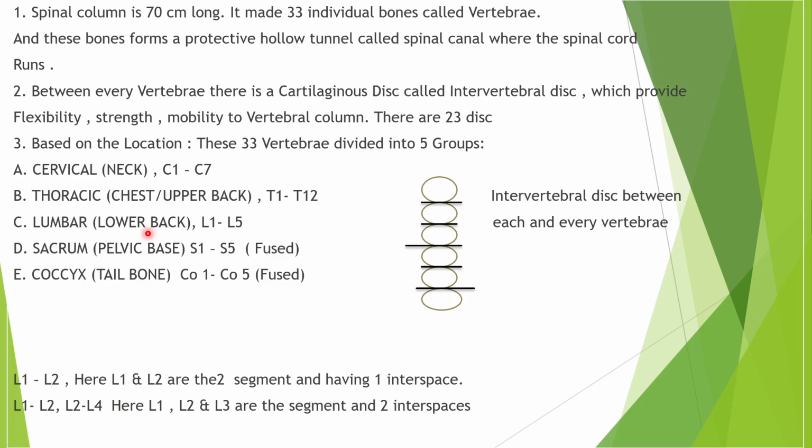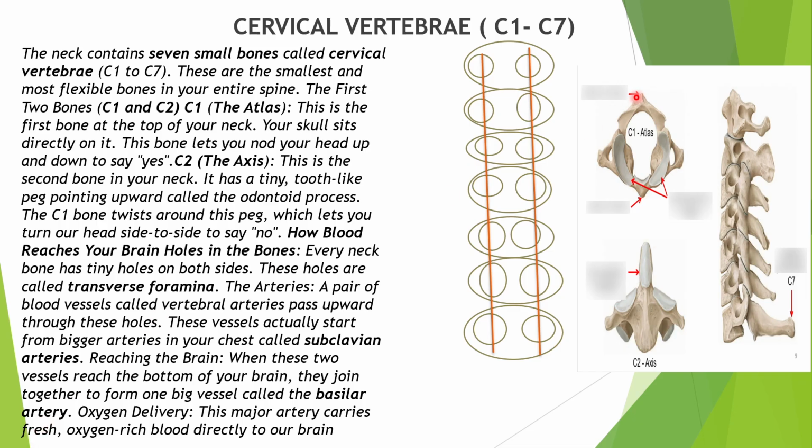So one by one we'll see these vertebrae. First the cervical vertebrae, which are in the neck region, C1 to C7. The cervical vertebrae are 7 in number: 1, 2, 3, 4, 5, 6, 7.